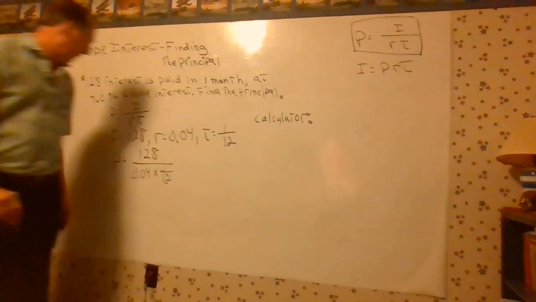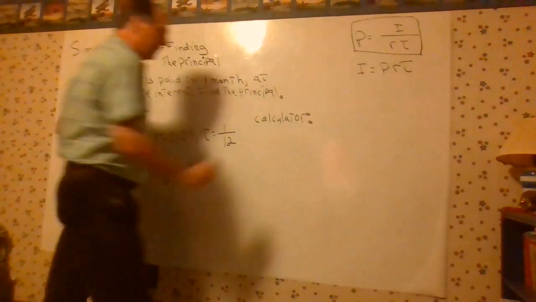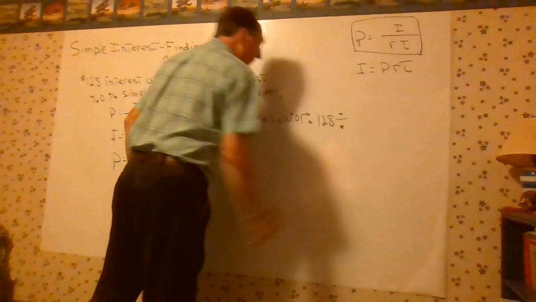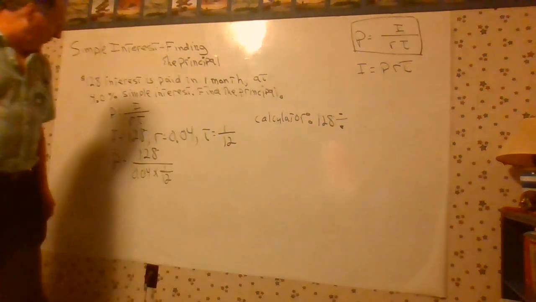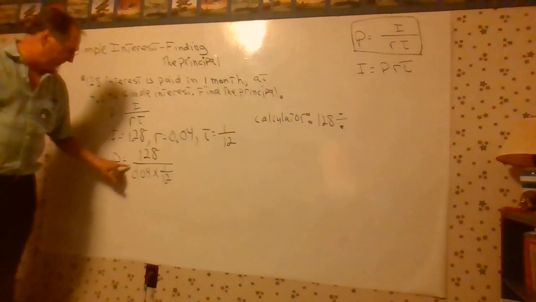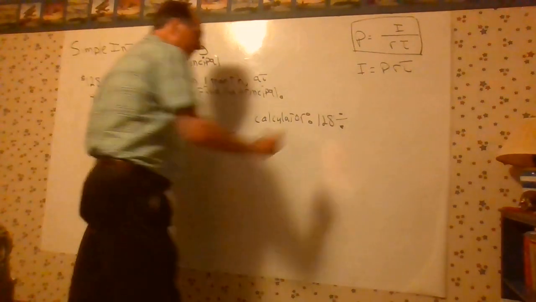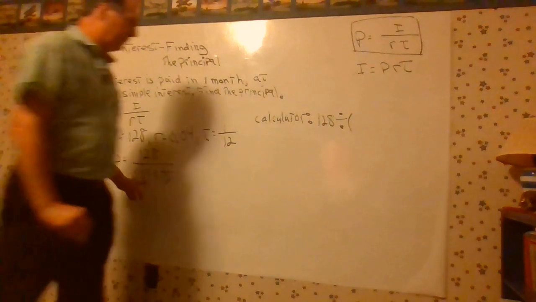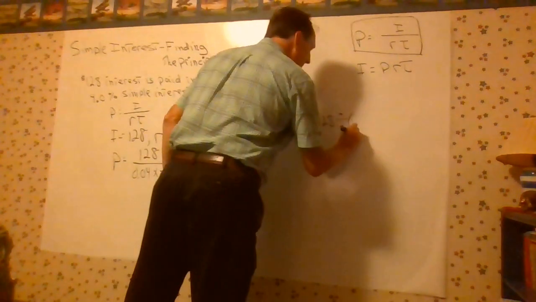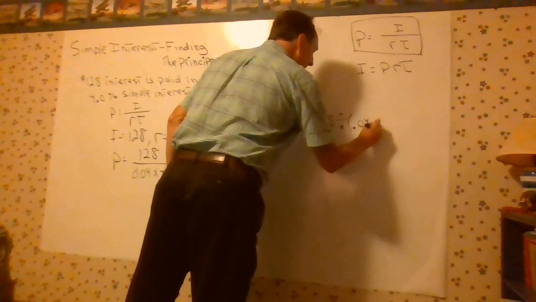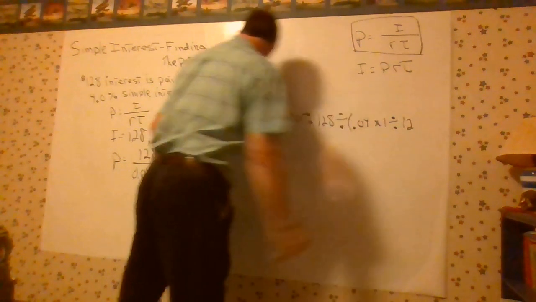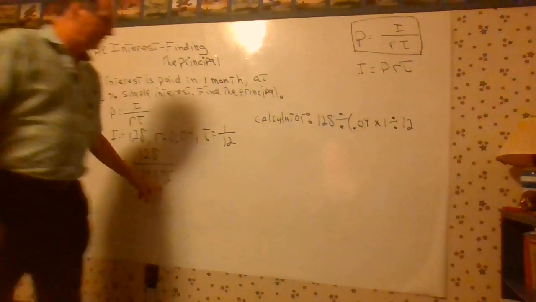Calculator over here. We're going to first enter the numerator, 128 divided by, want to divide by the whole denominator, so we're going to parenthesize this, parentheses, 0.04 times 1 divided by 12.